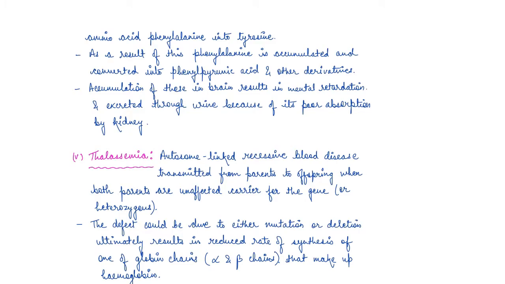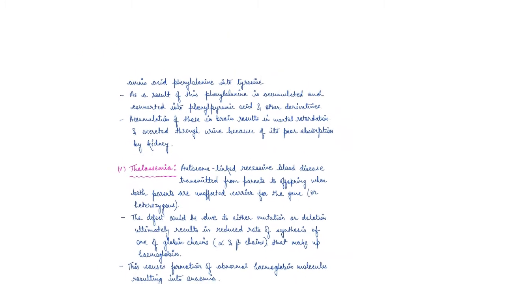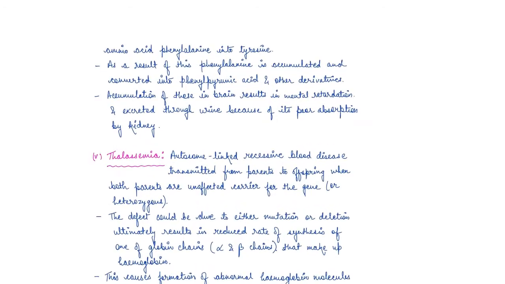Right? So phenylalanine is not being converted into tyrosine, and as a result, phenylalanine keeps on accumulating. And then it gets converted to phenyl pyruvic acid.